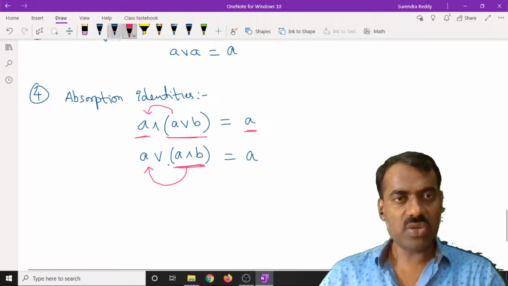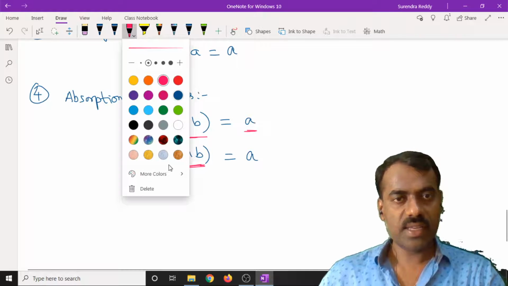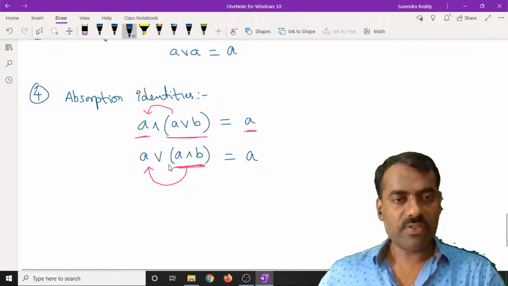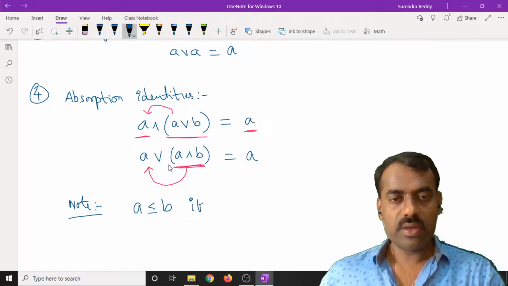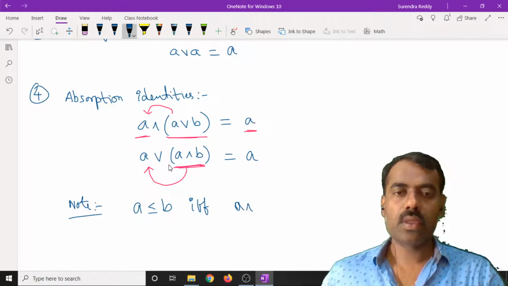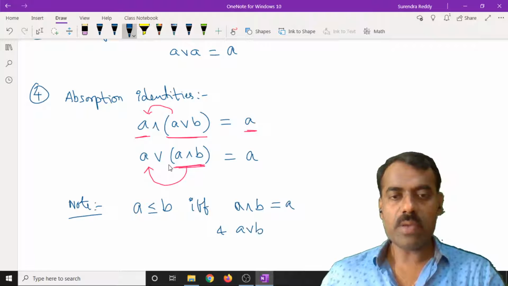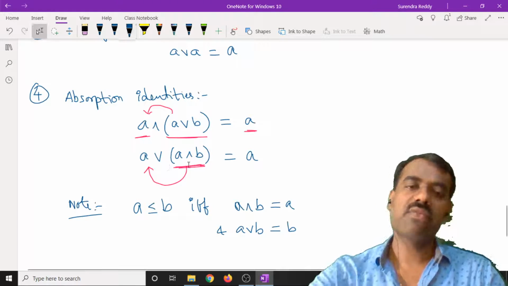And why this is true in this case is that we will observe the first thing. Note the following: in this case A is less than or equal to B if and only if A meet B is A and A join B is B. Why?